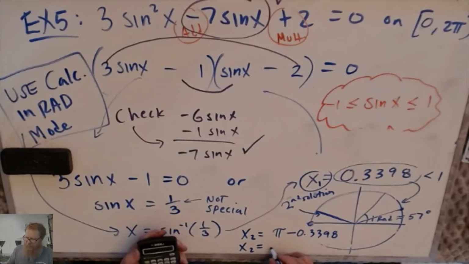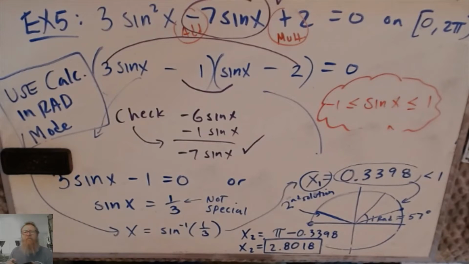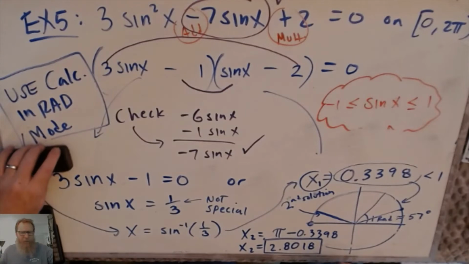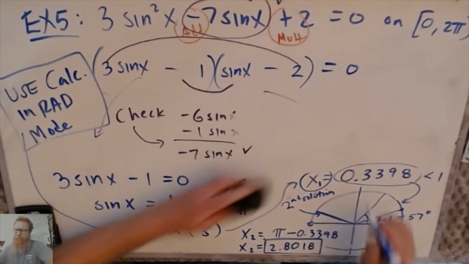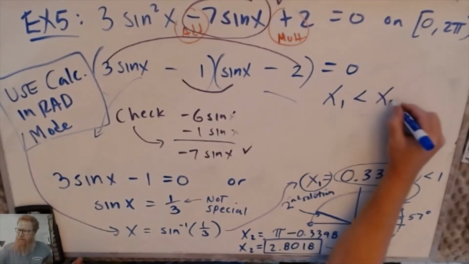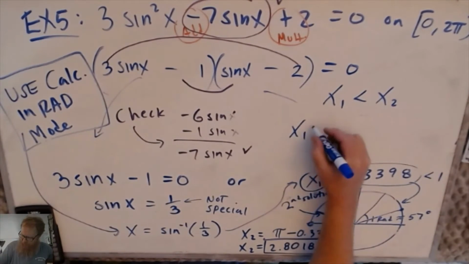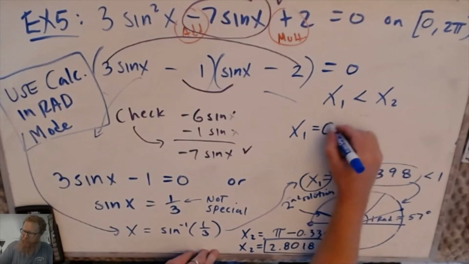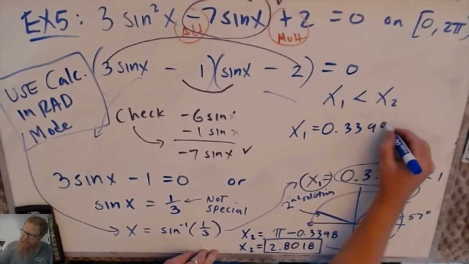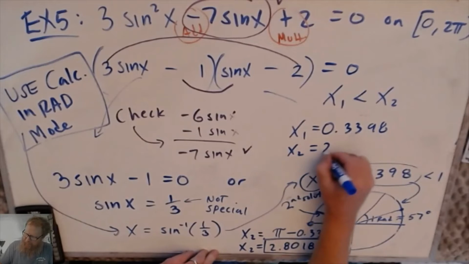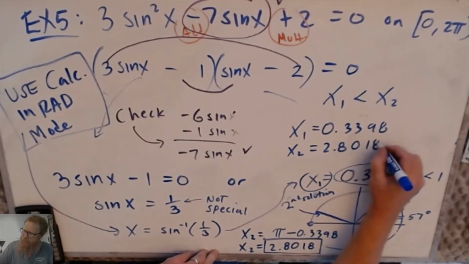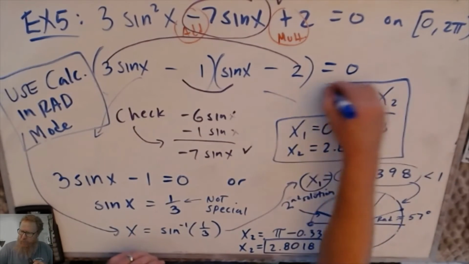So x2 is 2.8018. So there are 2 solutions. I usually put the smaller one first, so .3398 and 2.8018. So those are your 2 solutions.